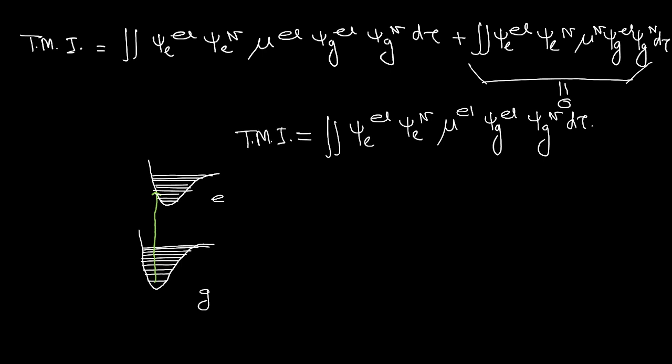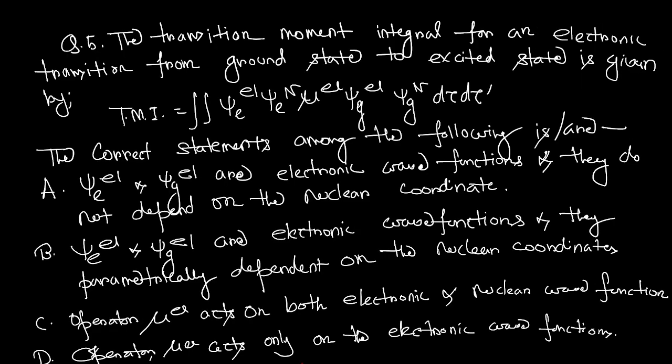Now if this transition moment integral survives, then your transition will take place, otherwise it will be zero. Now in the question, the first option says mu EL and mu GL are electronic wave functions and they do not depend on the nuclear coordinate.